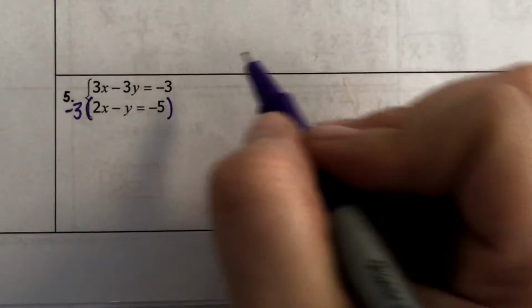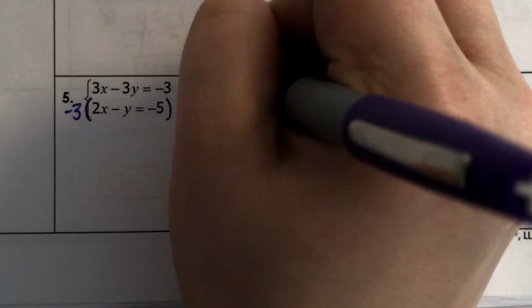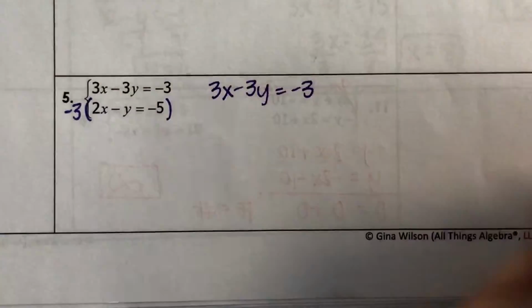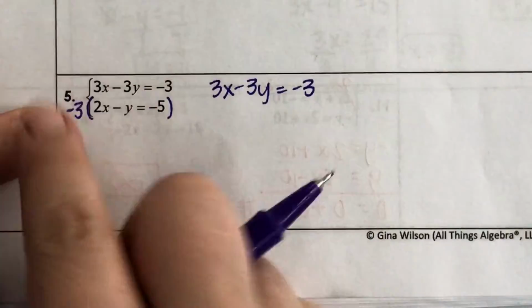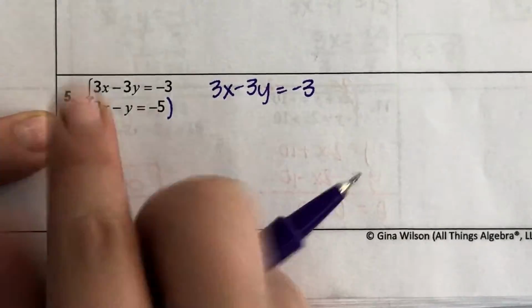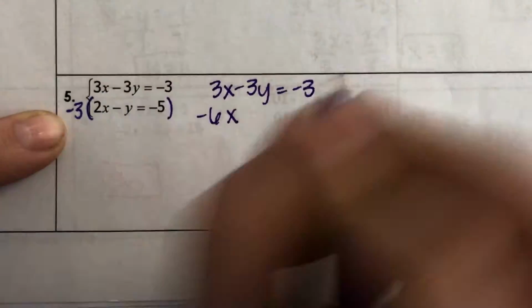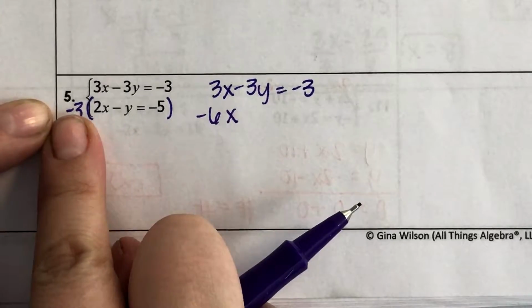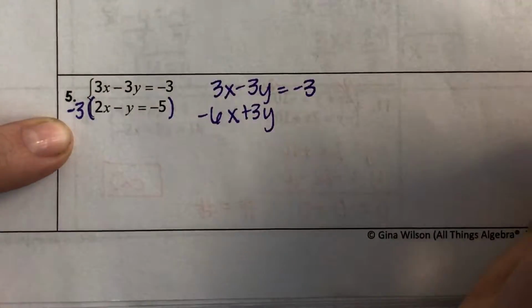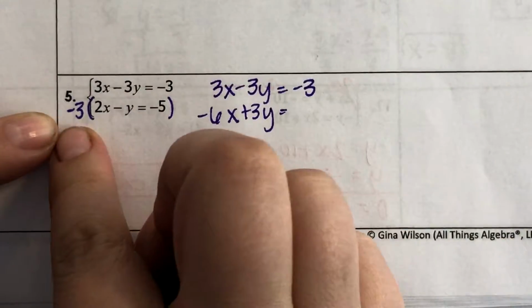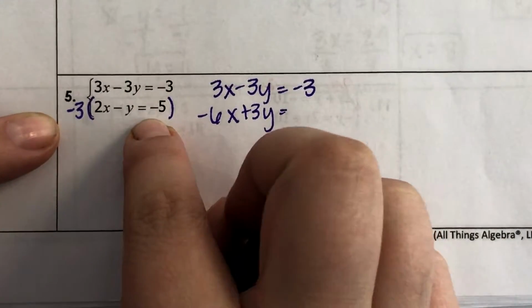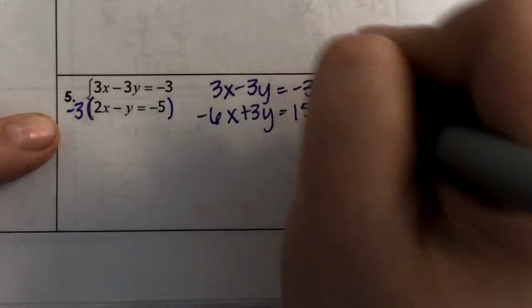There we go. So I'm going to rewrite this guy over here. 3x minus 3y equals negative 3. Since I'm changing the second one, negative 3 times 2x is negative 6x. Negative 3 times negative y is a positive 3y. And then a negative 3 times a negative 5 is a positive 15.